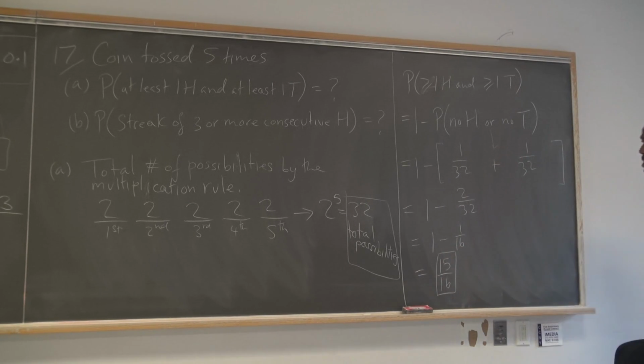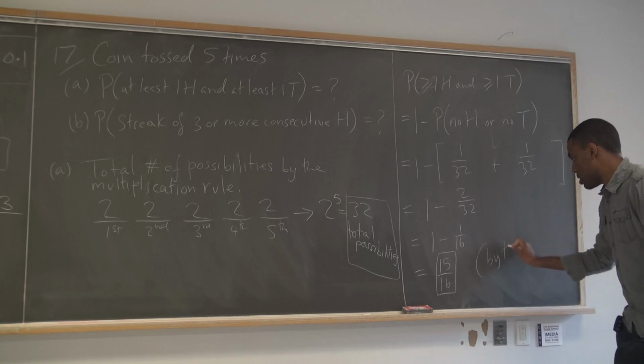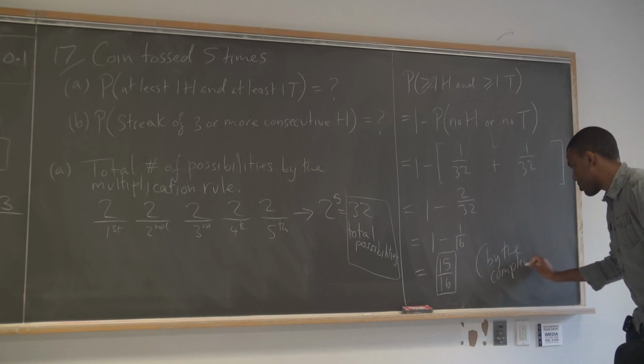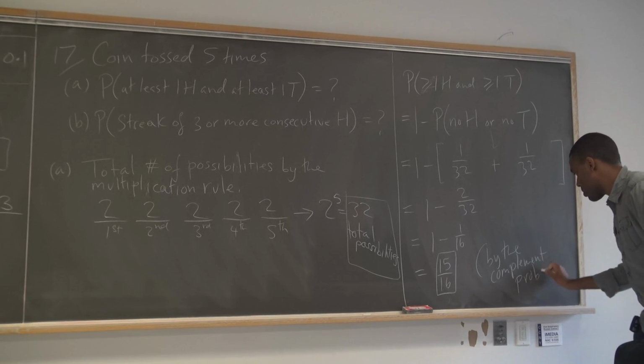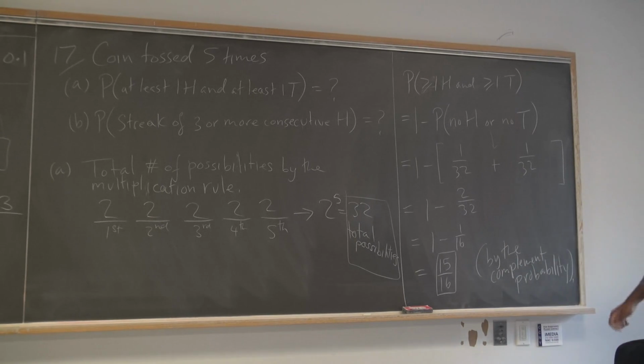All right, so those are the chances of getting at least one head or at least one tail. And here we use the complement probability. So you're always sort of looking if this can help you.